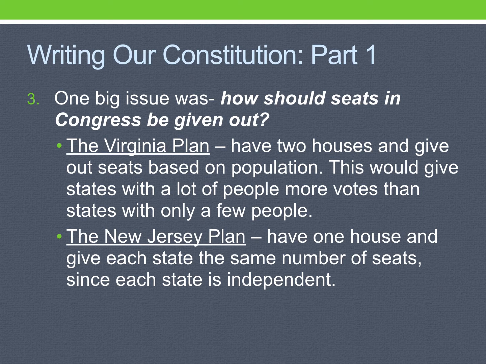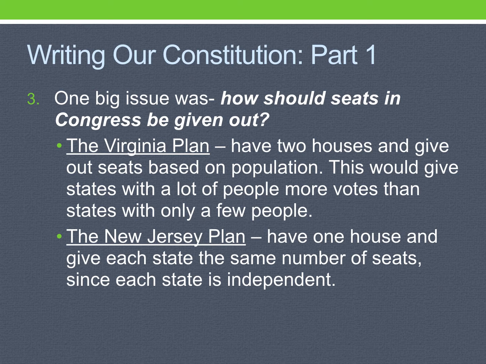Let's have a one-house Congress, and each state will be equal. The same number of seats for every state, since every state is independent. Shouldn't matter how big you are. We're all 13 equal states, and therefore we should have the same say.